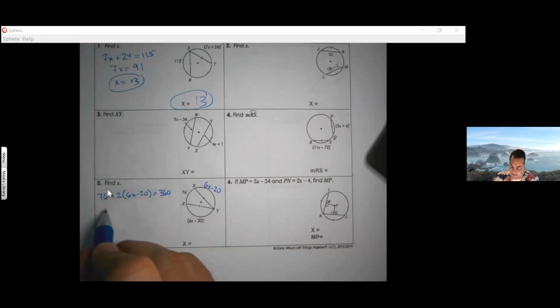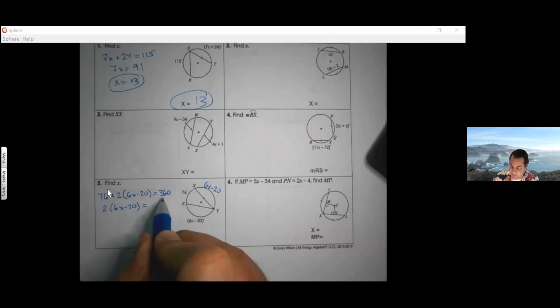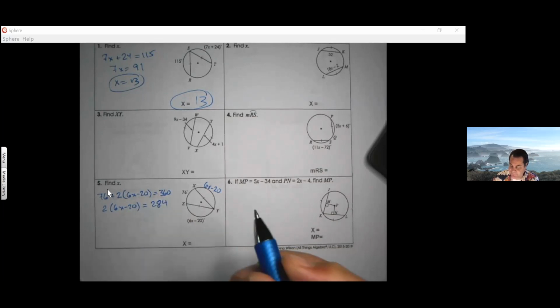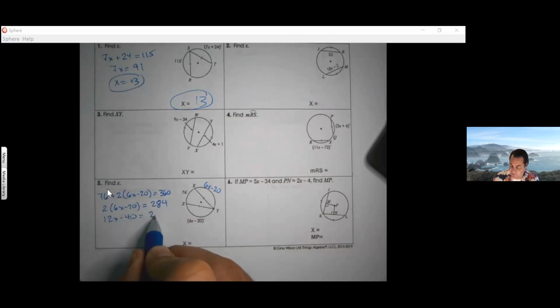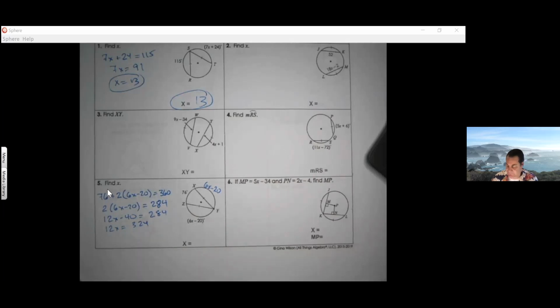Take away the 76 and I get 2 times 6x minus 20 equals 284. And then I'll distribute: 12x minus 40 equals 284. Add 40, so I get 12x equals 324. That's going to be 2 and 25, so x equals 27.